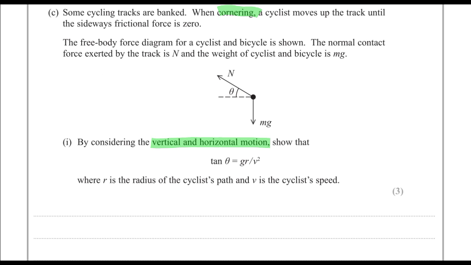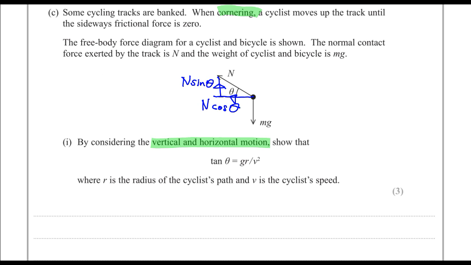What we should do firstly is resolve the normal force into two components: the horizontal component and the vertical component. The vertical component, being opposite the angle theta, is going to be n sine theta, and the horizontal component, which is adjacent to the angle, will be n cos theta.